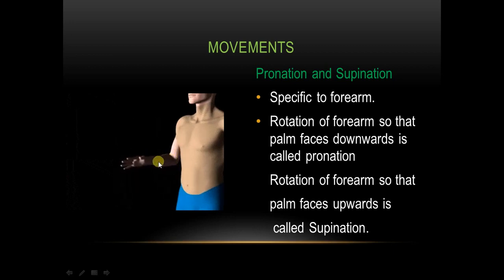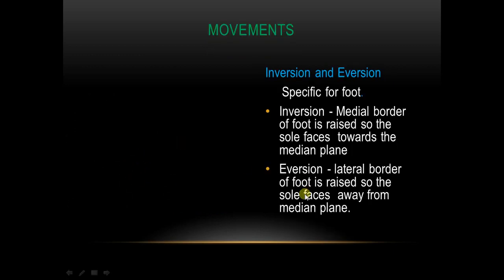Your palm faces downwards, that is pronation. The opposite of pronation is when the palm faces upwards. Rotation of your forearm so that the palm is facing upwards is called supination. So that is the pronation and supination movement for you.